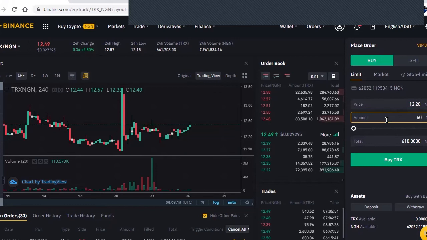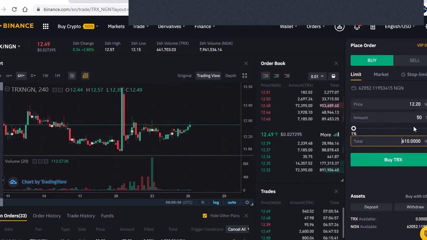Maybe based on some research, you see that the price may likely drop to that point. So you can place your trade, keep it and expect it to be filled.